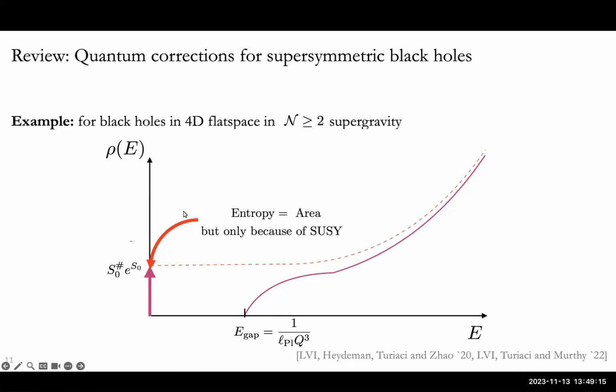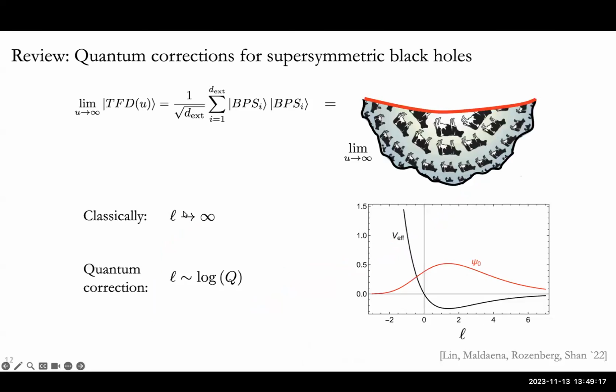And a final reason why the classical solutions go bad, in the case of both non-supersymmetric and supersymmetric black holes, is because one can compute various probes of what the geometry looks like once you include quantum corrections.